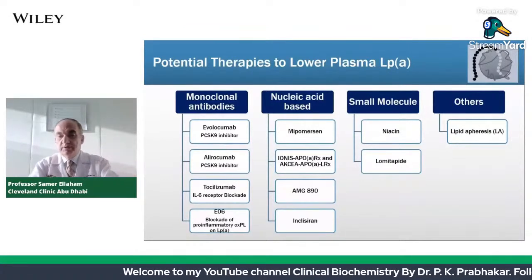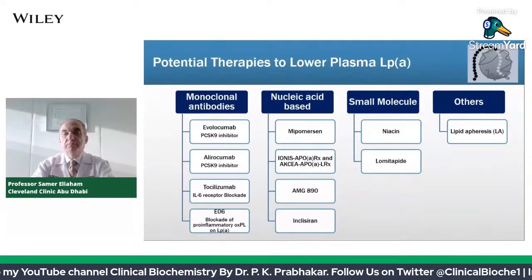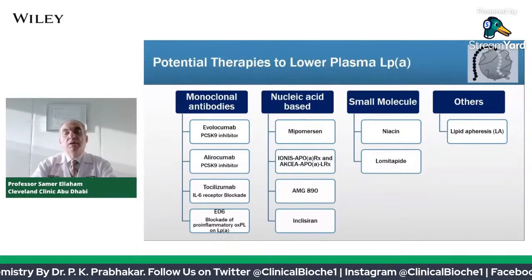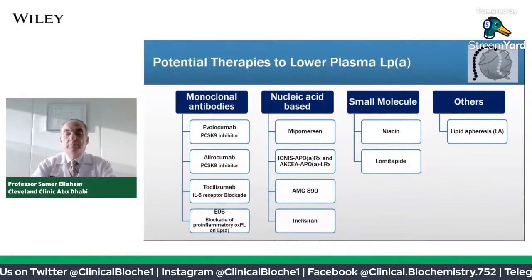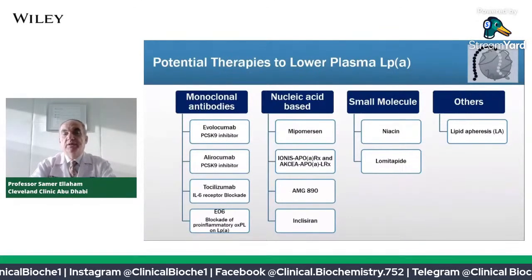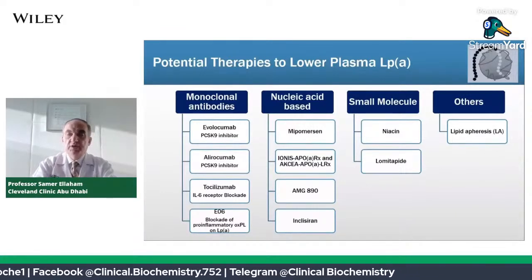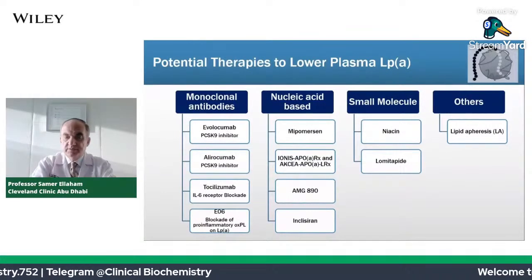The monoclonal antibody, I'm sure you know, is not only in cardiology or lipids, but in many things is very important and a mainstay. While both of them, evolocumab and alirocumab, do lower the Lp(a), it's not a targeted therapy. It's not FDA approved specifically to lower Lp(a), and it's a modest decrease.